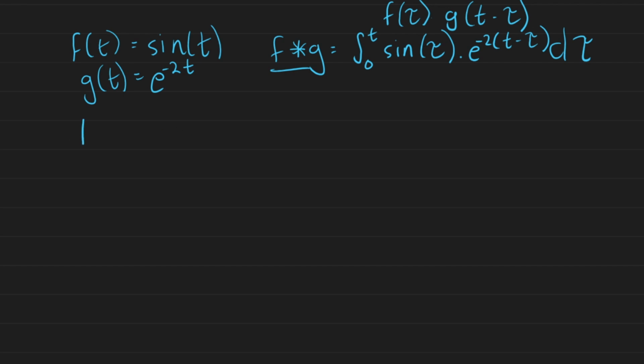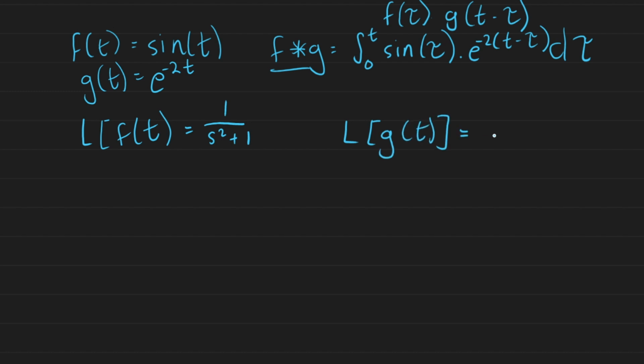So firstly, the Laplace transform of f of t is equal to just the Laplace transform of sine t, which you can just check in your standard transforms, and then you can see it's 1 over s squared plus 1. And then the Laplace transform of g of t is simply equal to 1 over s plus 2, again using the standard transforms.